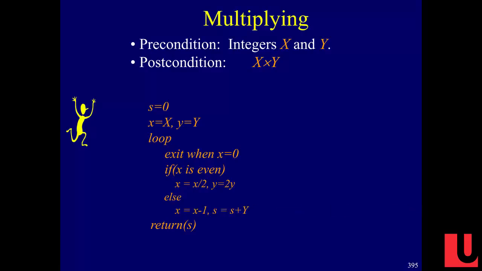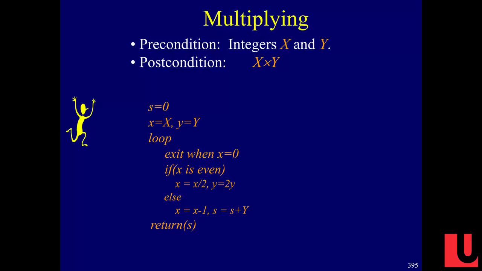Well, we had that other algorithm. That other algorithm is pretty good. It subtracts 1 from x and adds y to s. Now, is this going to maintain our loop invariant? It'll maintain our loop invariant. Why? Because, diving in from Mars, I know the loop invariant's true.